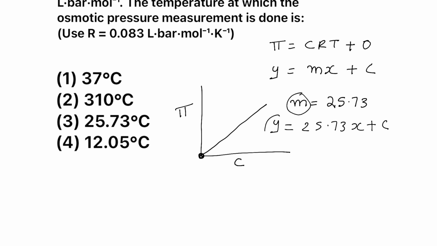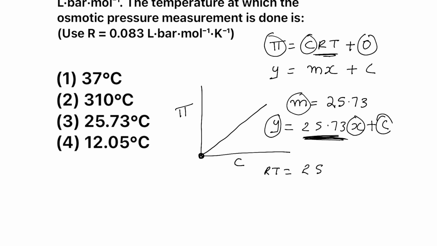Now see, on the y-axis you have osmotic pressure, on the x-axis you have concentration. The graph is starting from the origin. So what is 25.73? It is clear, it is RT. So RT is equal to 25.73.